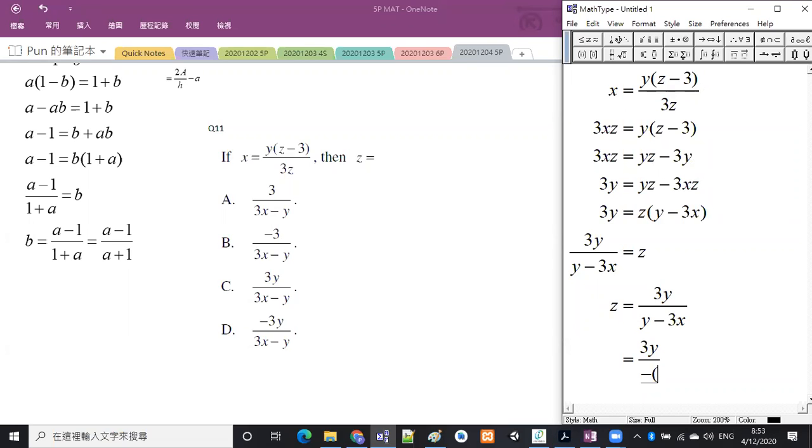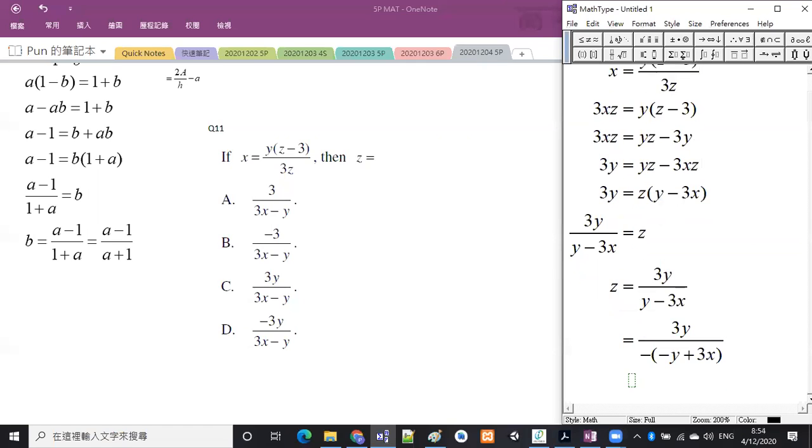So the y becomes negative y. And then the minus 3x becomes plus 3x, like this. Okay? And then the upper part, the numerator, is also like this. I take out, so the 3y is actually equal to negative of negative 3y, right? Just take out a negative sign from both the up and down. Okay, such that the up, down, extra negative signs can be cancelled by each other.